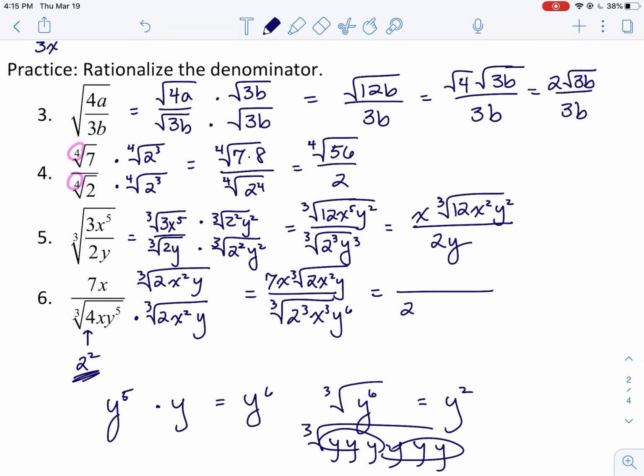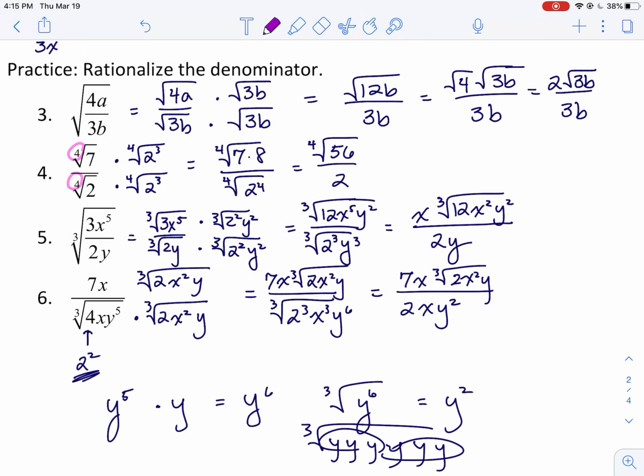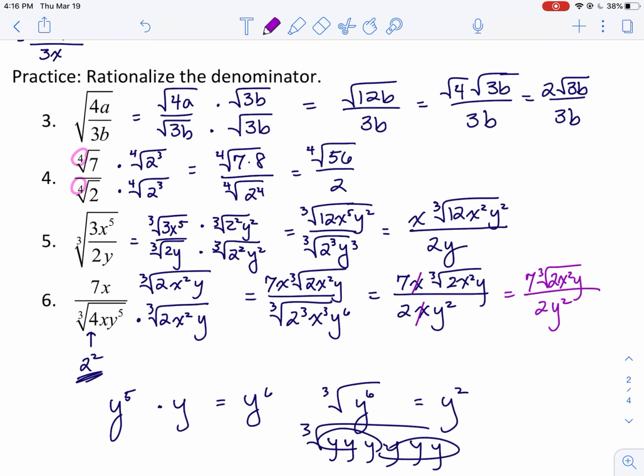So I end up with 2xy squared. Up top I have 7x cubed root 2x squared y. And so now I have to double check that anything outside can cancel. So my x's can simplify. 7 and 2 don't have any common factors, so we're good there. So now I end up with 7 cubed root 2x squared y over 2y squared.